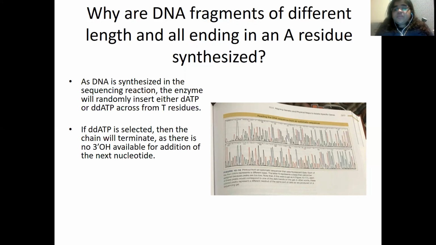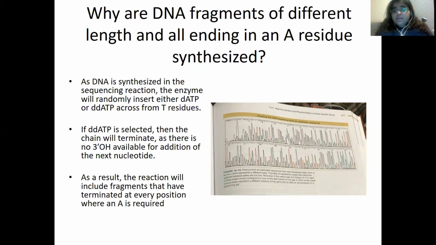So if dideoxy ATP is selected, that chain will terminate, and as a result, the reaction will include fragments that have terminated at every position where an A is required.